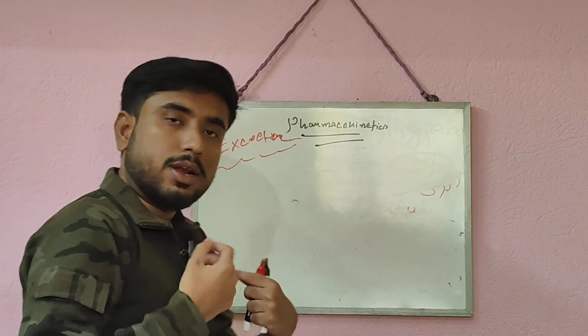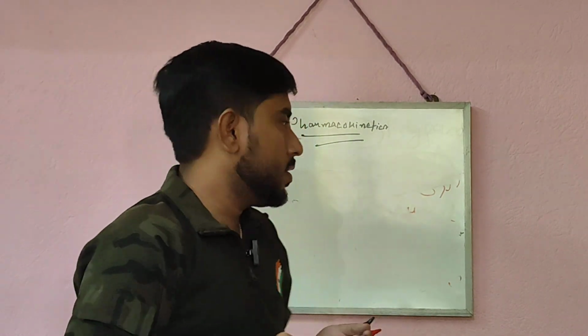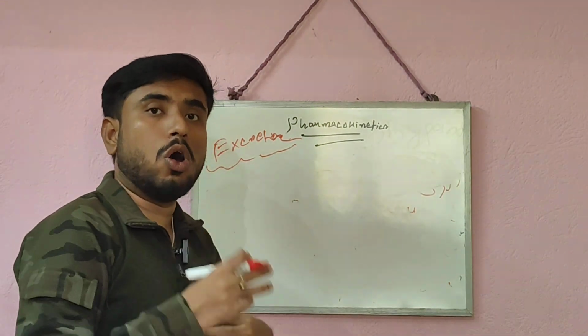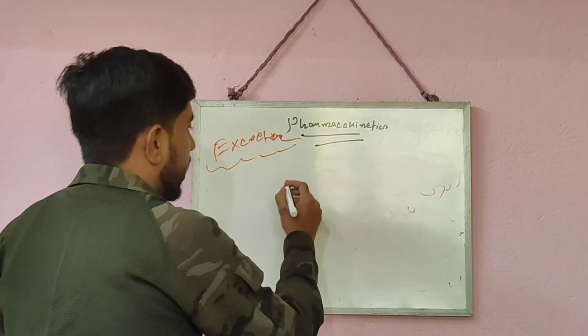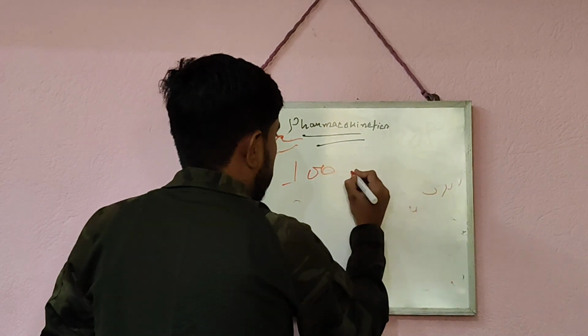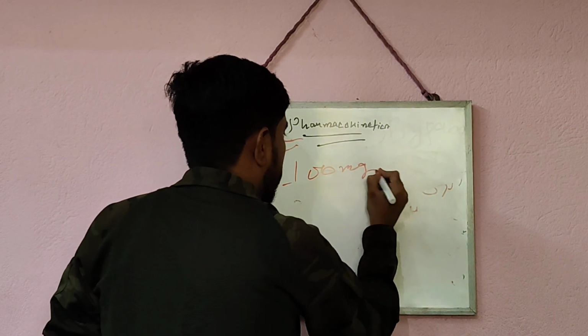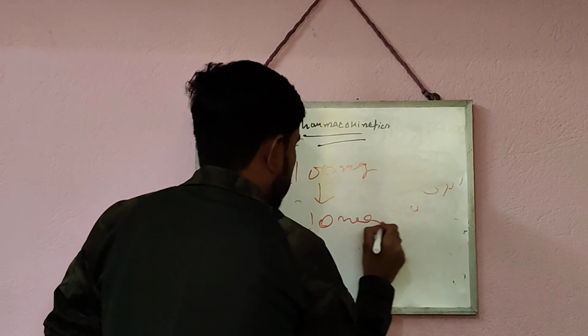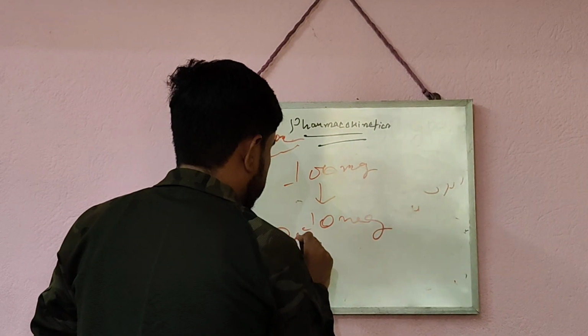But the whole drug we are taking is not used for the treatment, and our body can't utilize the whole drug. If we are taking 100 mg of drug, only 10 mg is used by the body to treat that disease.